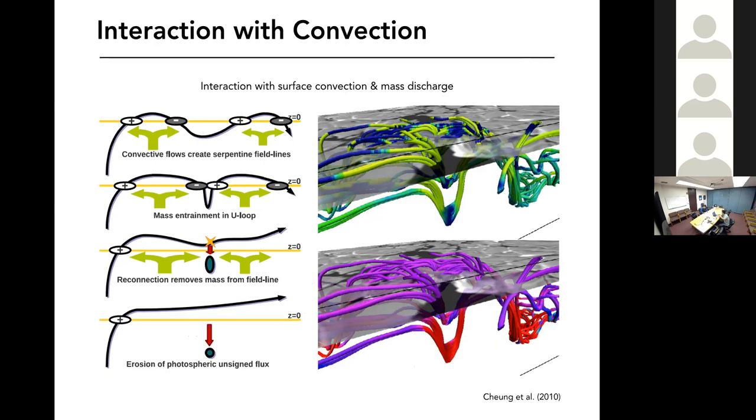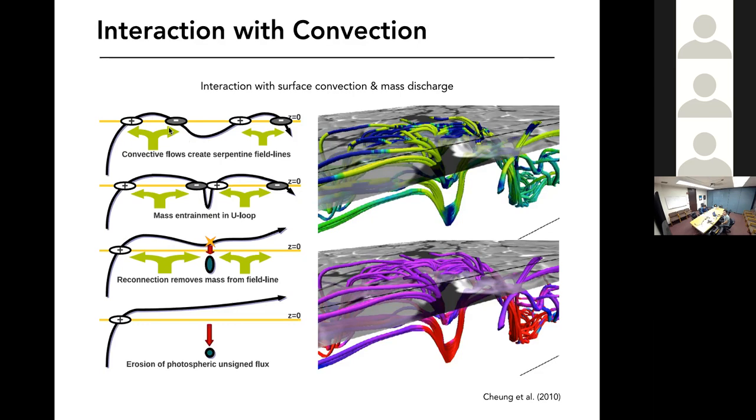Some of the field will eventually be brought up by convection, like what this cartoon shows. So what you get is these serpentine field lines.